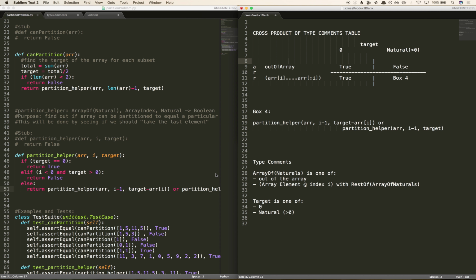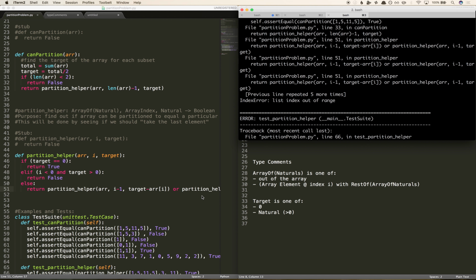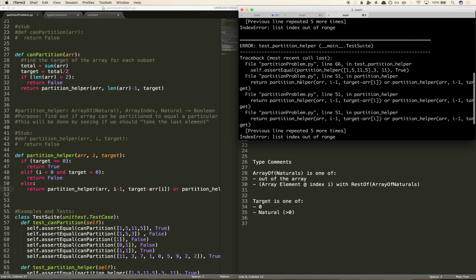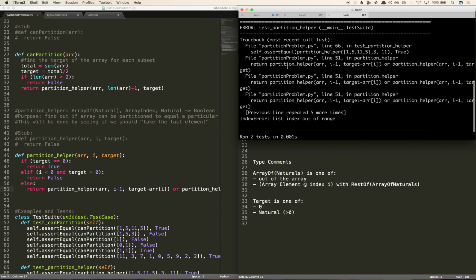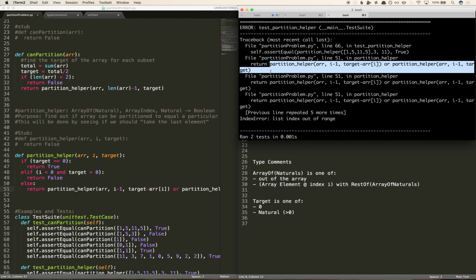So we have to look at our examples to figure out what's happening. If we look at the code and the partition helper failed test, it tried to run the first test, and then it says it's starting to have problems at this partition, the case where the target's greater than 0, and also when we're in the middle of the array.